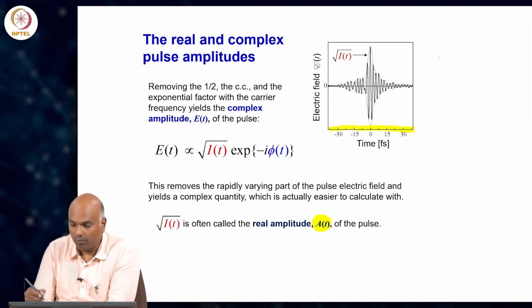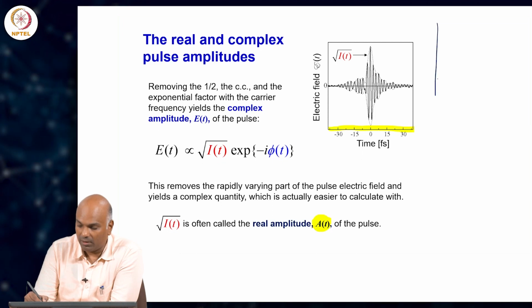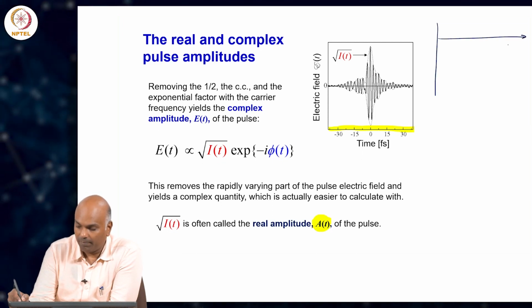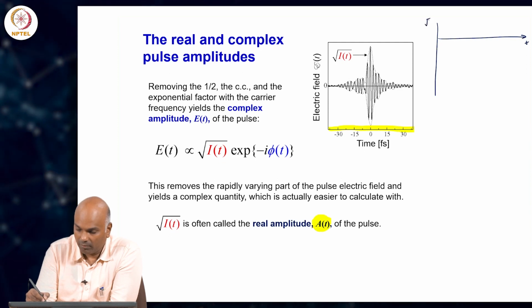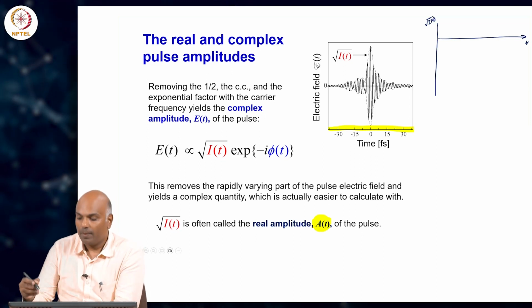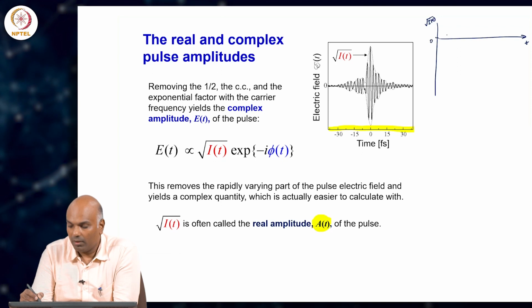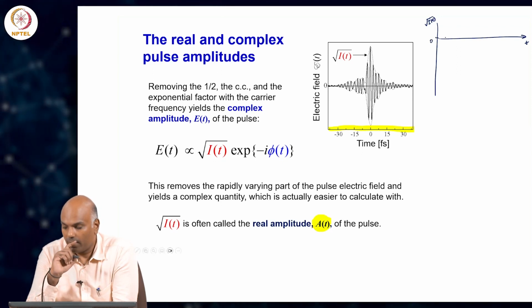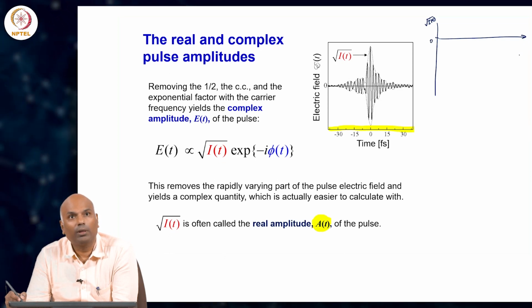It is the following: what this form of keeping the time axis means is that this is t, this is square root of I(t). So, if I have a pulse in time, sorry, let us say, should I draw it that way?